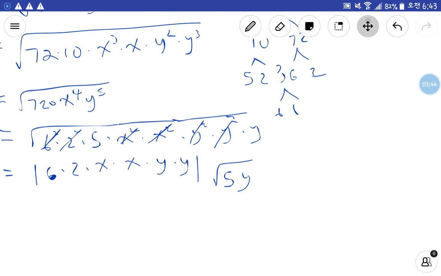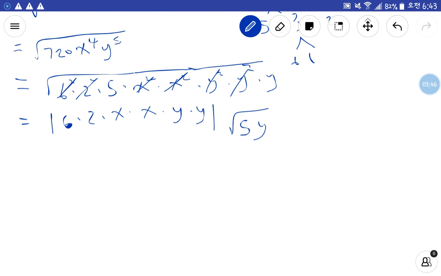Okay, so let me simplify within my absolute value, guys. So absolute value, I have 6 times 2, which is a 12, x squared, y squared, and square root of 5y. So, do you guys remember that?